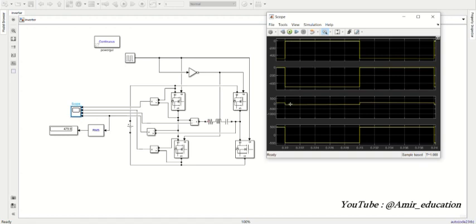And the third one is our current, and the fourth one is our voltage, which as we can see, the value of each one depends on our resistance value, but their shape is exactly the same.